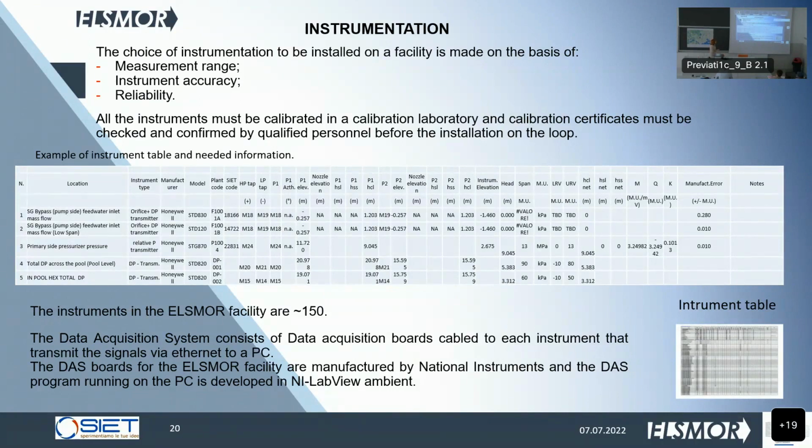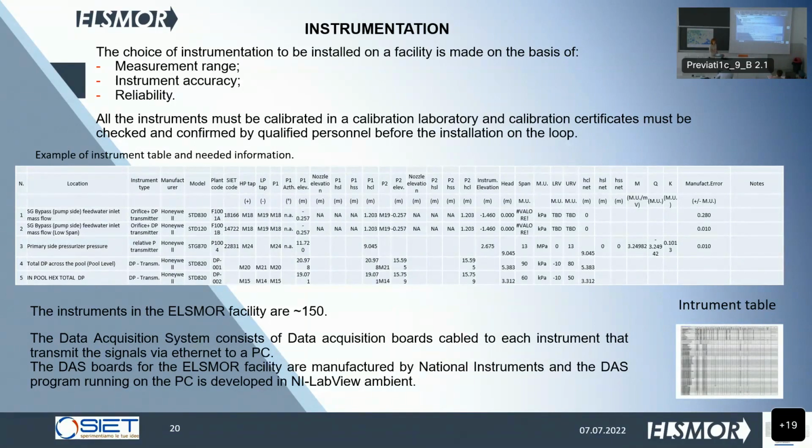The type of instrument, so if it is a differential pressure transmitter, or a relative pressure transmitter, or a thermocouple, different kinds of instruments can be installed. The manufacturer of the instrument, the model of the instrument, the plant code, because every instrument in the plant is identified with a code.